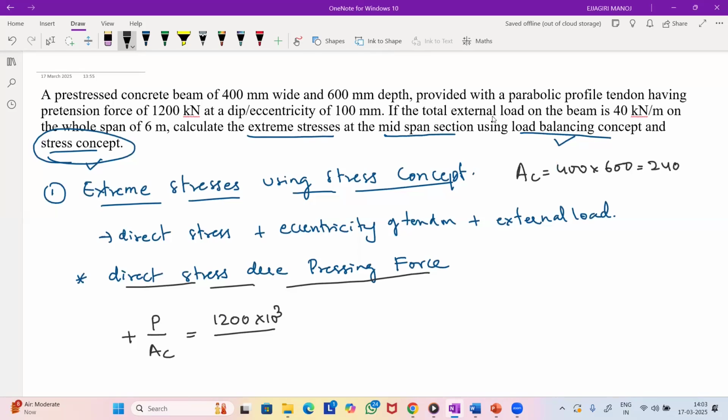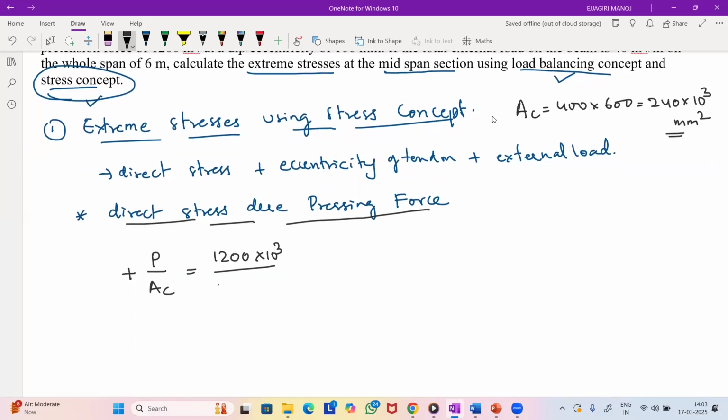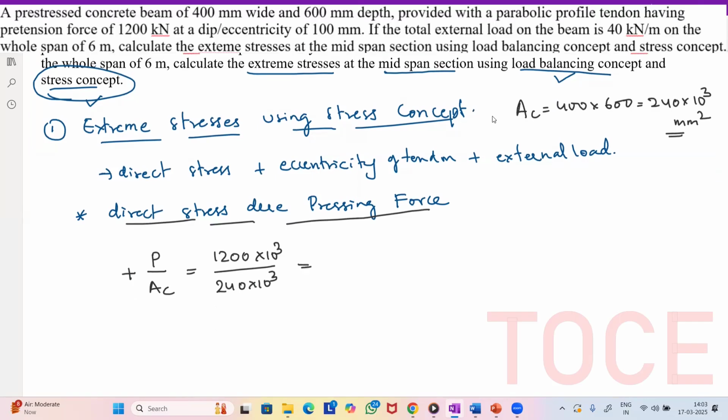So it is 240 into 10 to the power of 3 mm square. If you calculate this, we'll get the direct stress of plus 5 Newton per mm square.